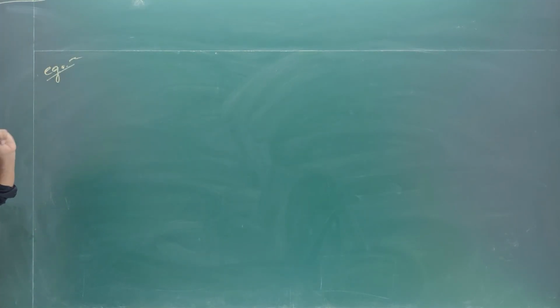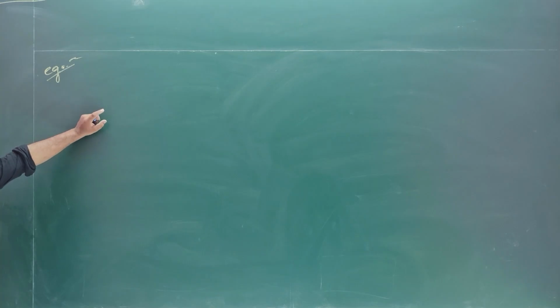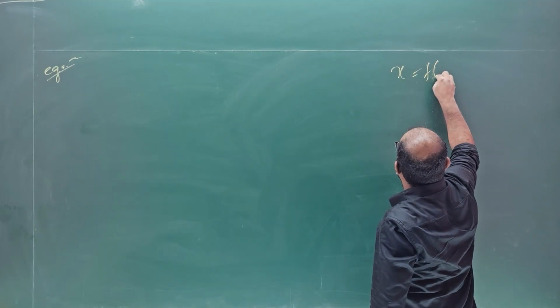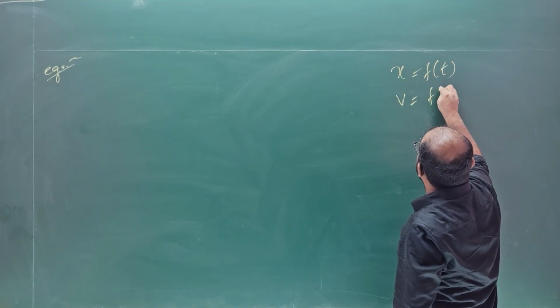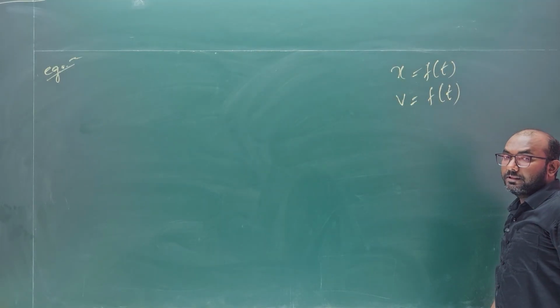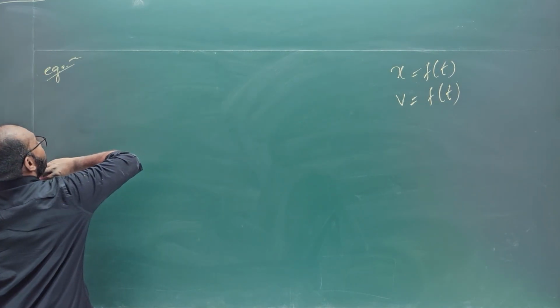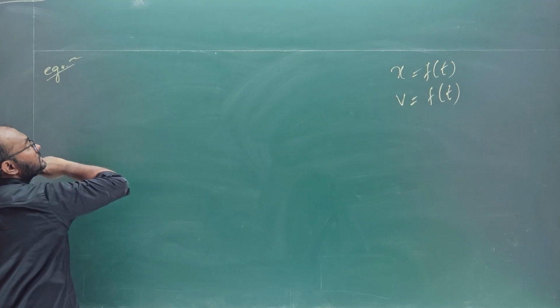Okay, now listen to me. The last 2 questions we have done either on the basis of x as a function of time t or v as a function of time t. But now we will move to v as a function of x.